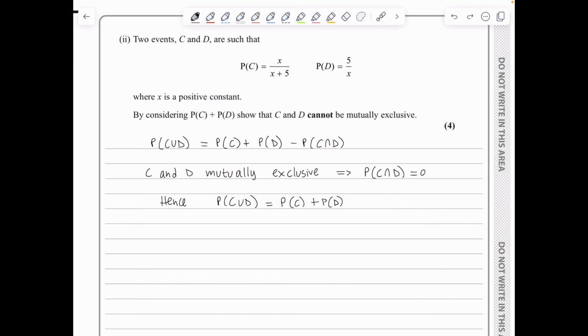So we have that the probability of C is x over x plus 5, and the probability of D is 5 over x.